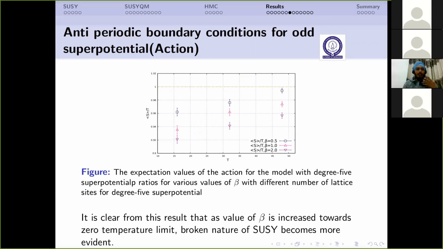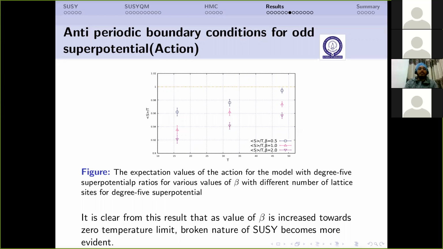That is a solid result, which says that supersymmetry breaking is there with the odd degree superpotential with the anti-periodic boundary condition, as we also showed with the periodic one. But just to make sure there is no runaway behavior because of a vanishing Witten index, we went ahead with the anti-periodic boundary condition, and we saw similar results.